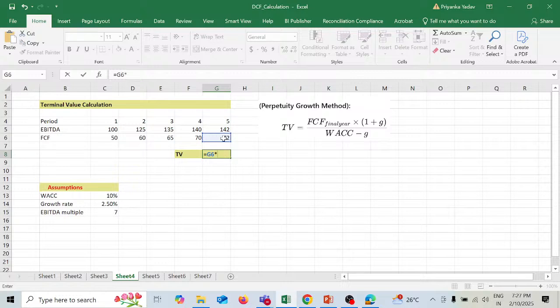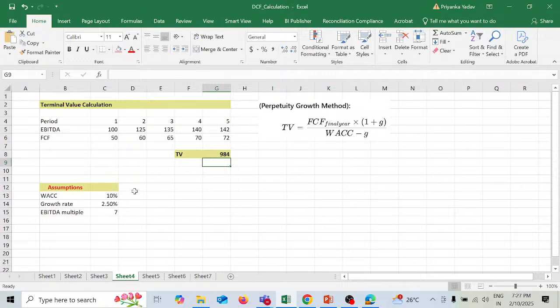Multiply it with 1 plus G, 1 plus the growth rate, which is provided in the assumptions, and this is divided by WACC, which is also in the assumptions, minus the growth rate. So this comes out to be 984. This is the terminal value.